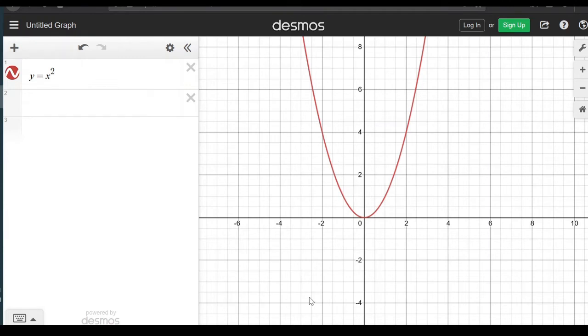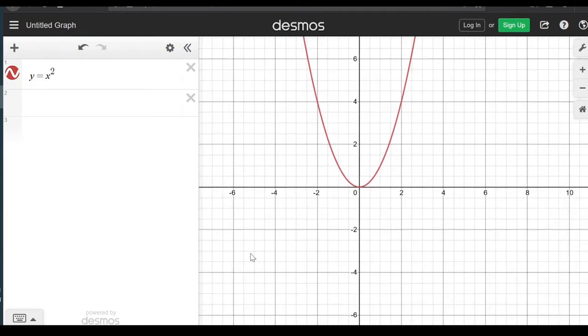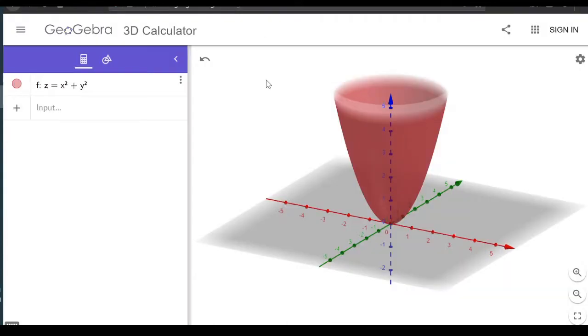Now I've graphed the 2D graph on Desmos. To graph a three-dimensional graph, I typically use one of two websites. And the first one that's really convenient is the GeoGebra website. How do I get here? I usually, to be honest, just go to Google and type in 3D graphing calculator, and GeoGebra is one of the first results.